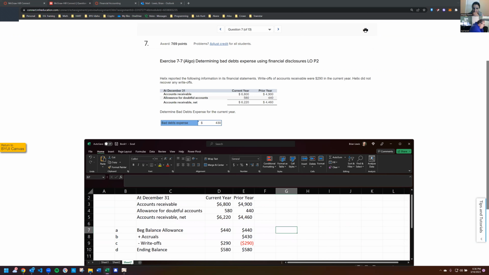Ends up being the same journal entry. Bad debt expense for 430 and your allowance is 430. It's a credit. It increases the value, right? That's why it shows up as a positive in this, because it increases the allowance balance.